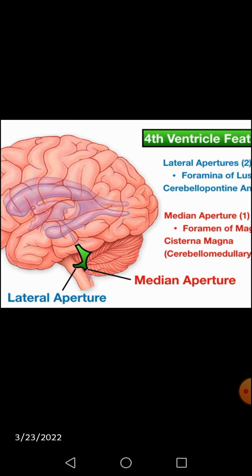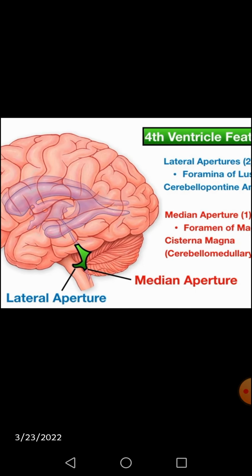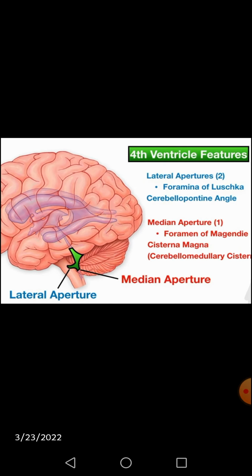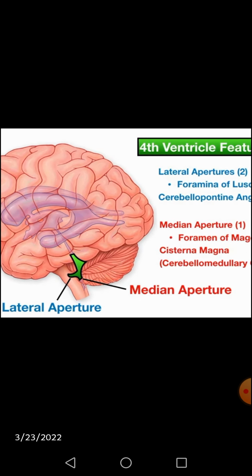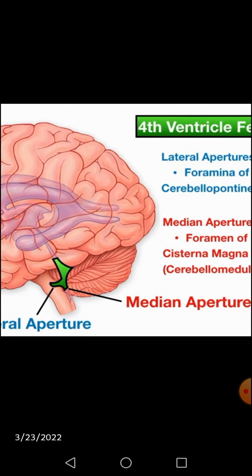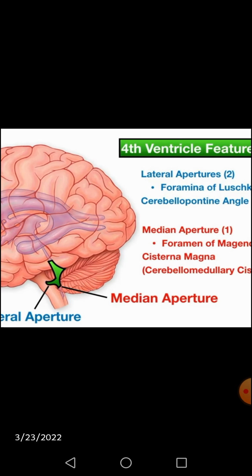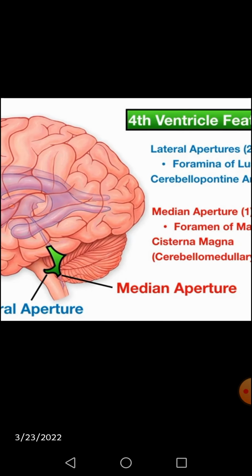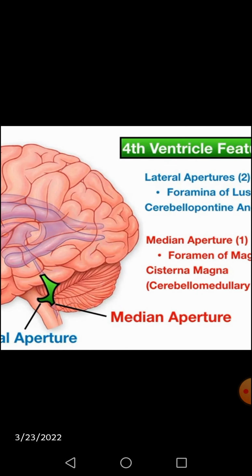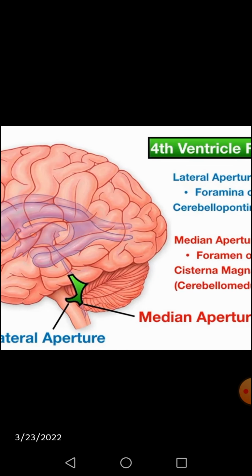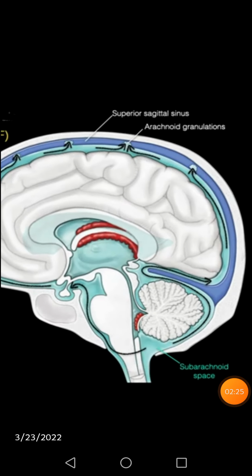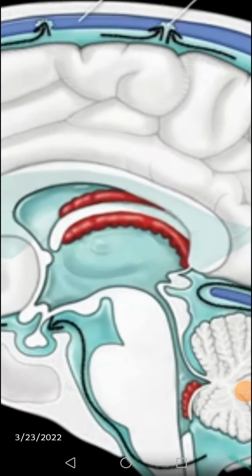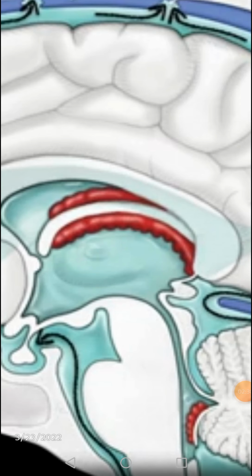It has two lateral apertures, called the foramina of Luschka, and one median aperture, which is called the foramen of Magendie. And you can also see that all of them carry the CSF, right? Now this is a very good diagram to show you the reddish colored choroid plexus.